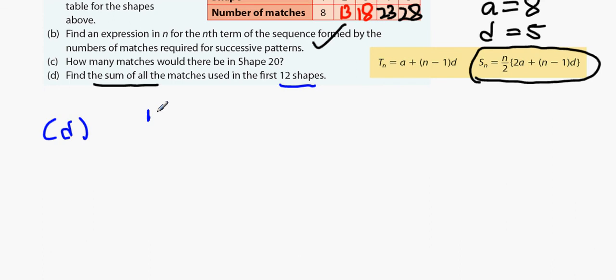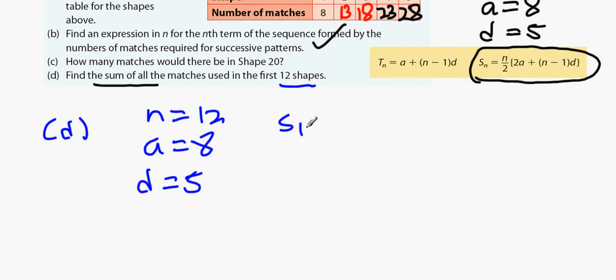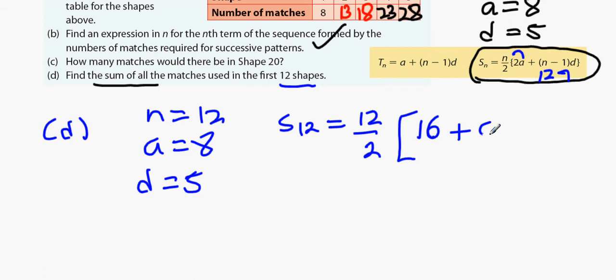So n equals 12, a equals 8, d equals 5. Let's fill out. So S12 equals n over 2, just 12 over 2, multiplied by 2a, which is 16, plus n minus 1 times d, which is going to be 12 minus 1, which is 11, and d is 5.